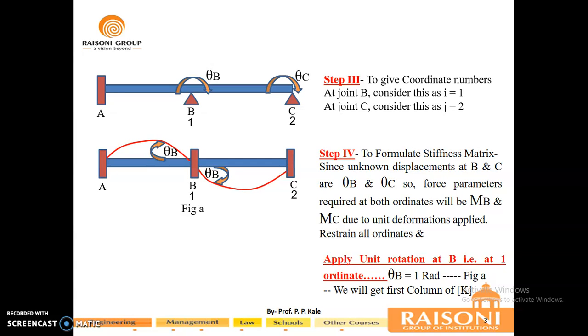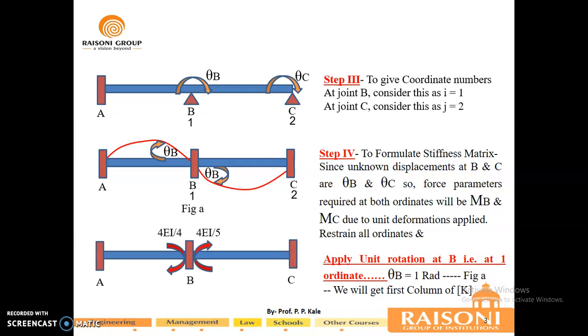K11 represents the force parameter required at 1 due to unit rotation applied at 1. Similarly, k21 represents the force parameter required at 2 due to the unit rotation applied at 1.